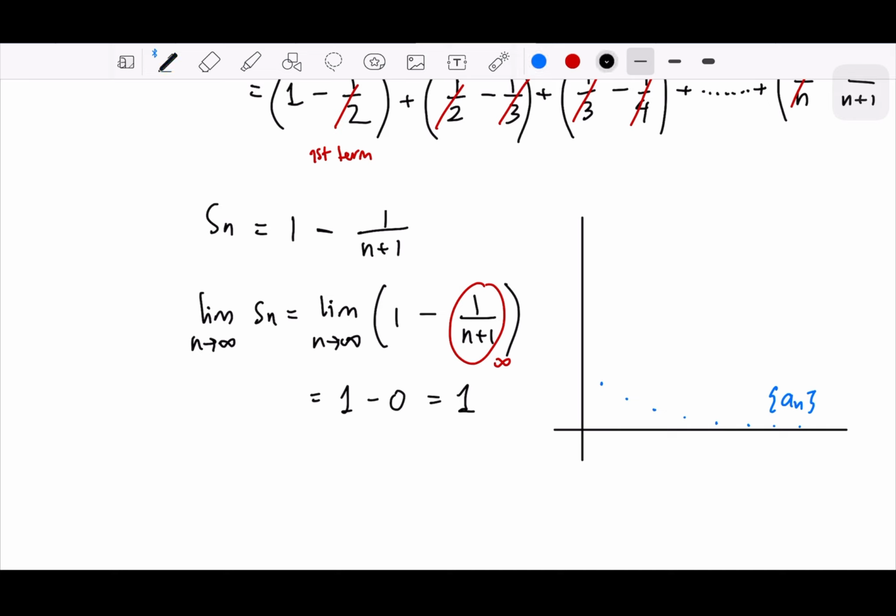This is 0, right? This is n. And this is the value. And Sn is going here, maybe here. This will be Sn.